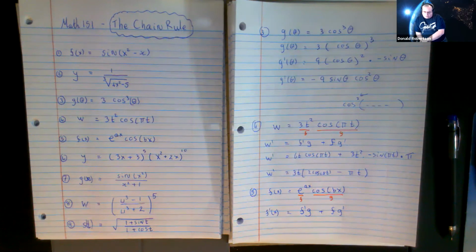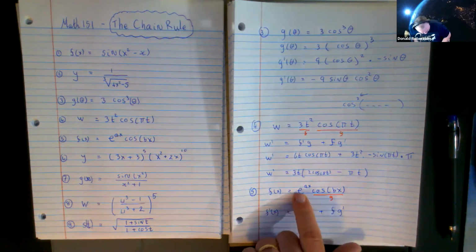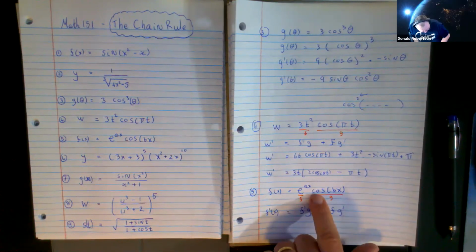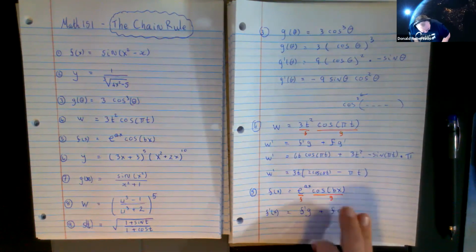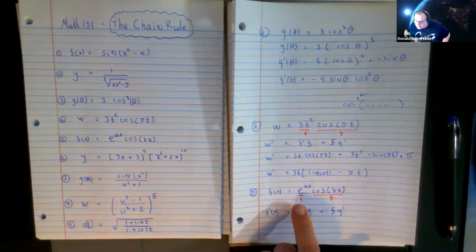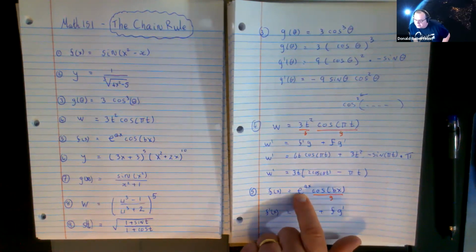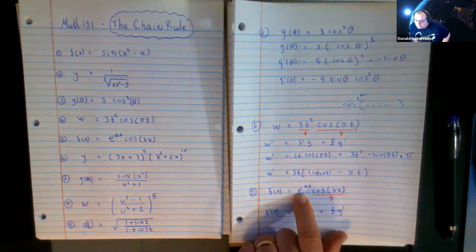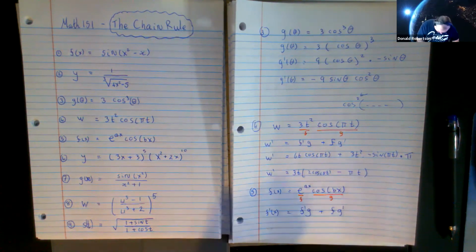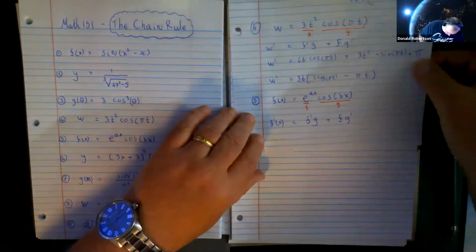This product rule is going to involve differentiating e to the ax, and in some places differentiating cosine of bx. Do you notice that both of these are little baby generals? If it was e to the x, the answer would be just e to the x. But since it's e to the something, it's going to be a little bit different, just a tiny bit, but enough to make a difference.